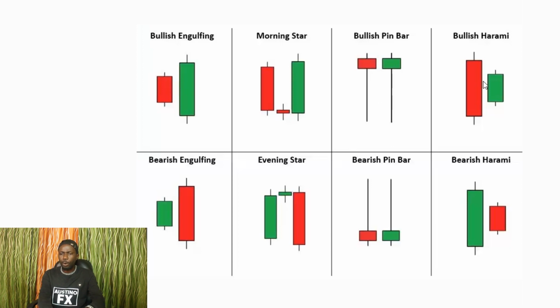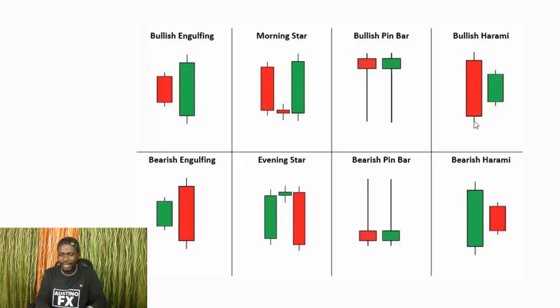Then the next one here is what we call the bullish harami. The bullish harami is when the market is clearly in a downtrend, making a series of lows, and when the market gets towards a support level, we now have what we call a gap up.